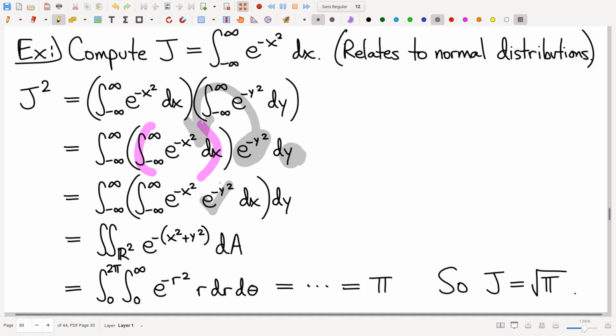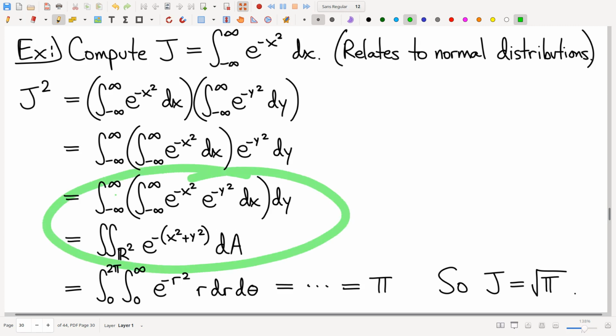It seems a little strange to want to do such a thing, but perfectly legal. The first part of the point is that I have now taken my J squared and written it as a double integral. Well, technically I've written it as an iterated integral, and of course we recall that iterated integrals are equivalent to the corresponding double integral. Is that cool? Everybody happy so far? It's not clear where I'm going with this or how this is a good thing, but nevertheless, there we are.